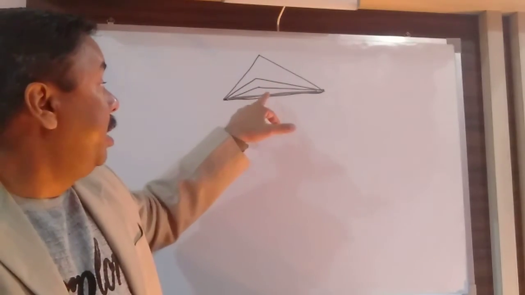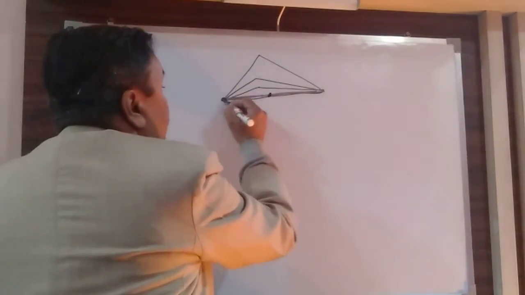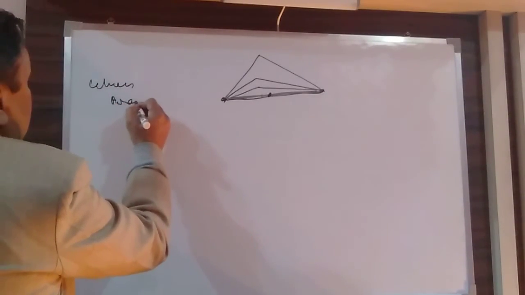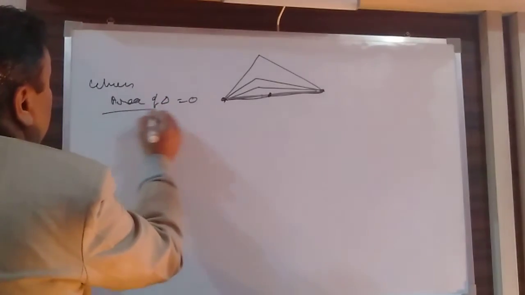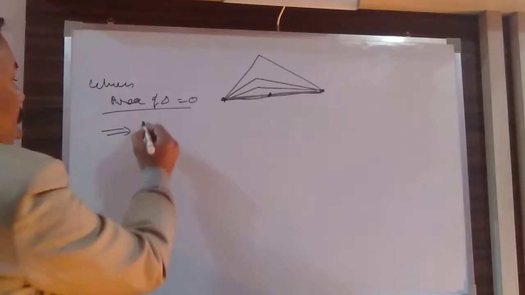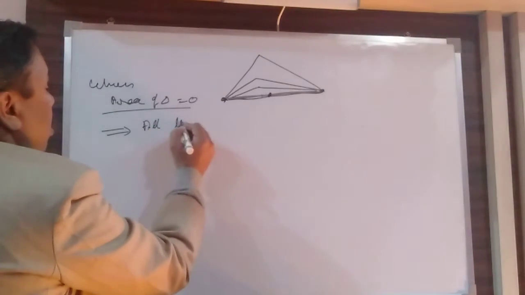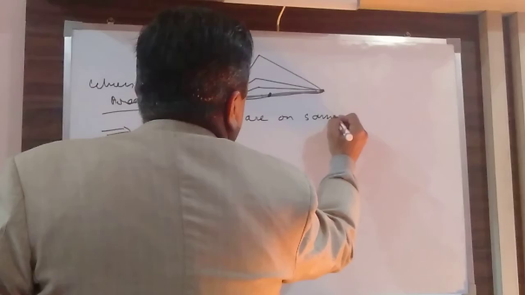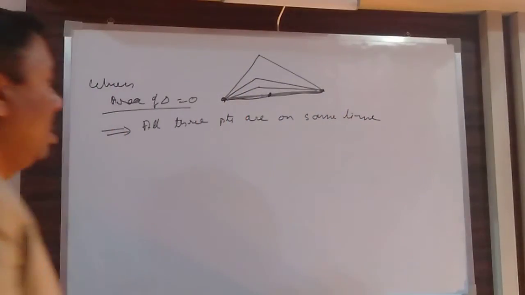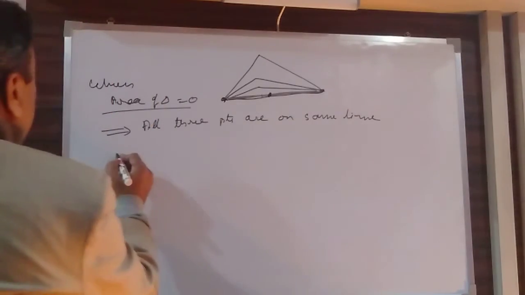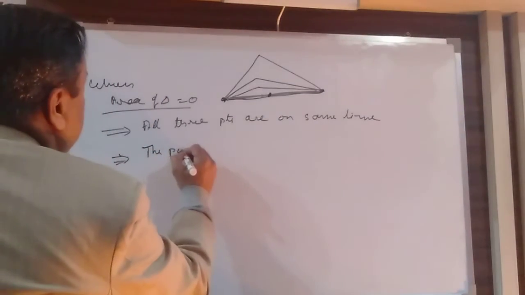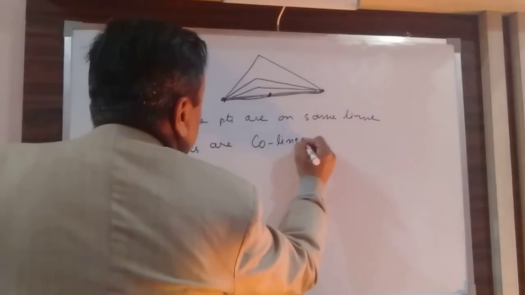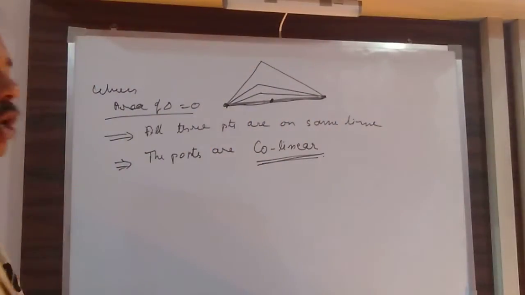But if the point comes on this line, and all these points are on the same line, then when the area of the triangle is equal to 0, this implies that all 3 points are on the same line, or I can say that the points are collinear.